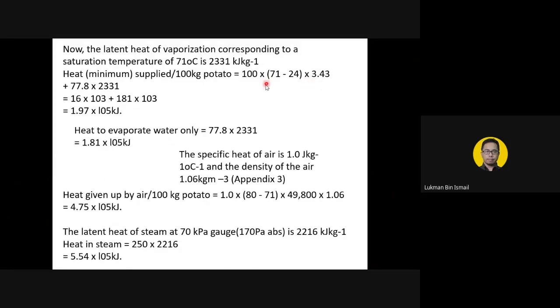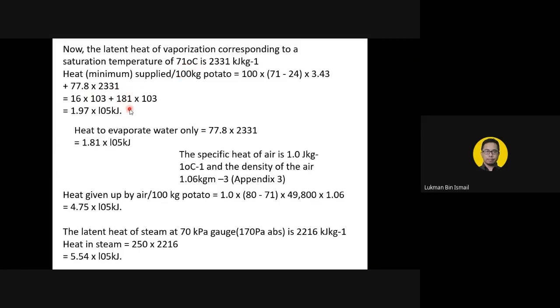So this is m Cp delta T. m is 100 kilogram, 3.43 is the Cp of the potato, and delta T is 71 minus 24 degrees Celsius, plus latent heat lambda, which is 2331, times m. m is the mass of water. The amount of water that will be expelled is 77.8 kilogram times the lambda, or the latent heat of evaporation, 2331 at 71 degrees Celsius.